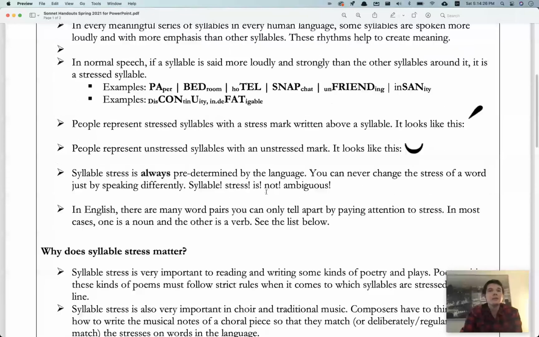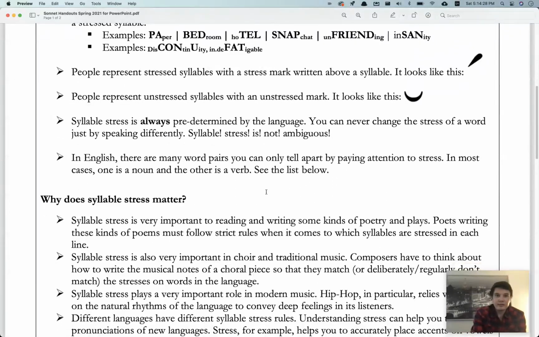People generally represent stressed syllables with a stress mark written above a syllable. It looks like a little apostrophe, but not exactly. It's a strike mark. And then people who care about syllables represent the unstressed syllables with an unstressed mark, and it looks like a little bowl shape.